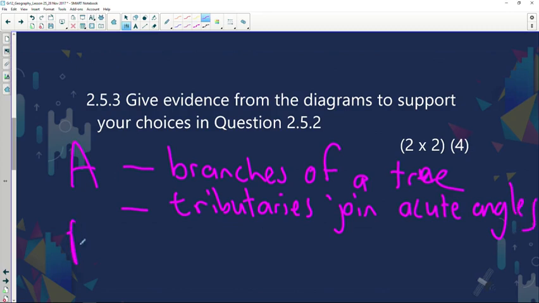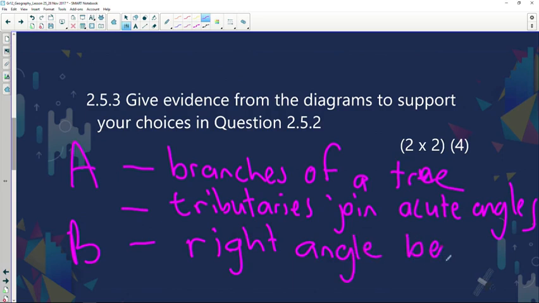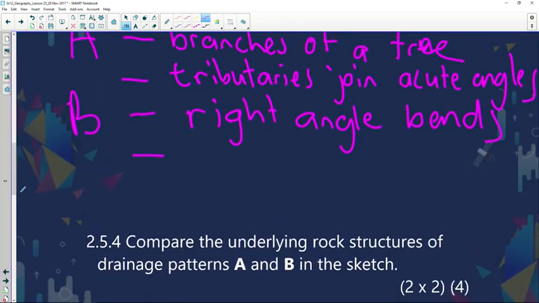And if you look at the rectangular pattern, okay, the river's tributaries join at right angle bends, and the tributaries join the main river at 90-degree angles.